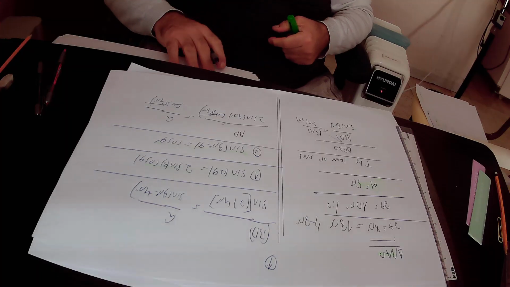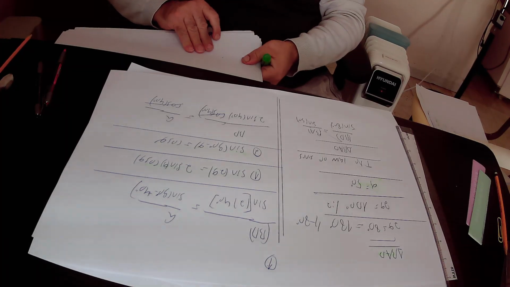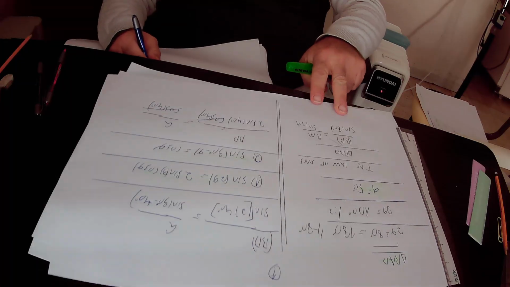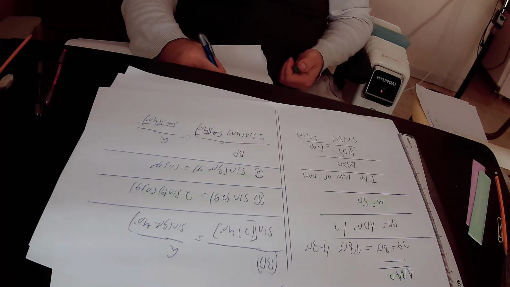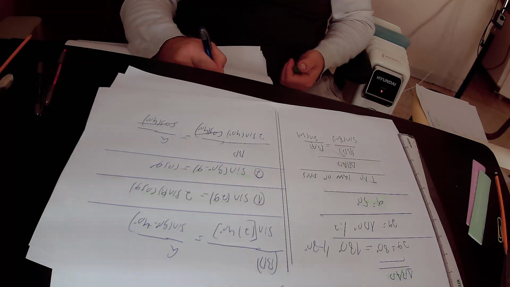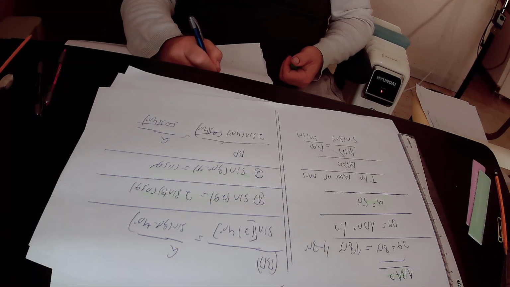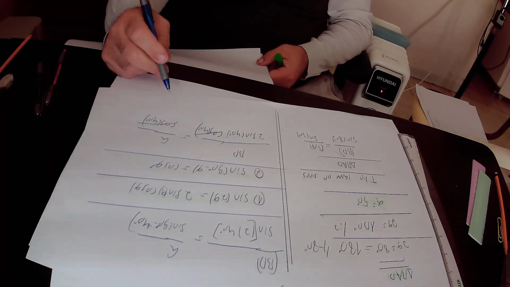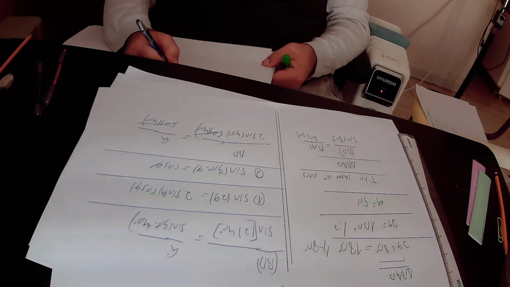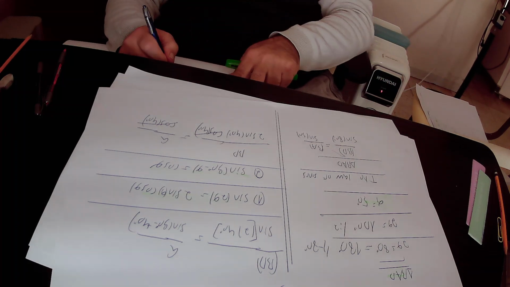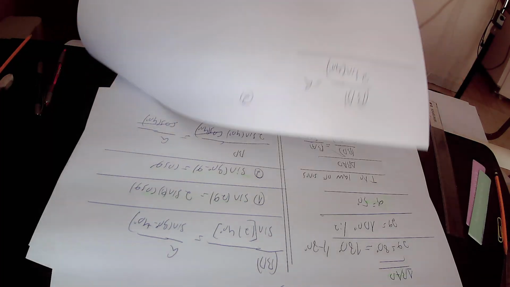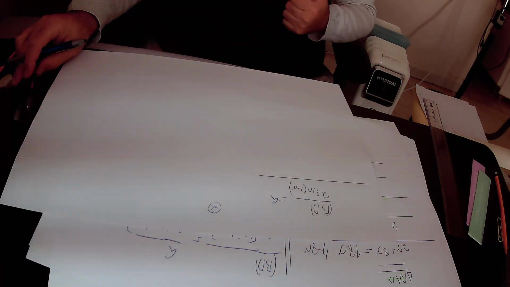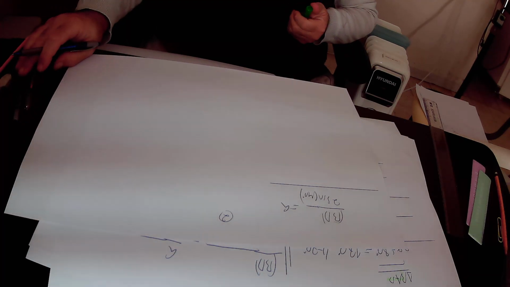After cancelling, on this side we are left with BD over 2 times sine 40 degrees, while on the other side we are left only with A. So BD over 2 times sine 40 degrees equals A.